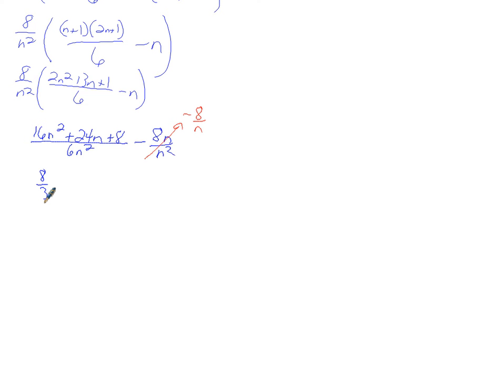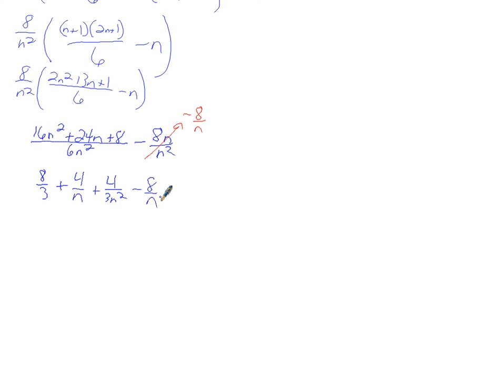Okay. Plus, the n's are gone. Okay, plus 4 over n plus 4 over 3n squared. And then this one is minus 8 over n.